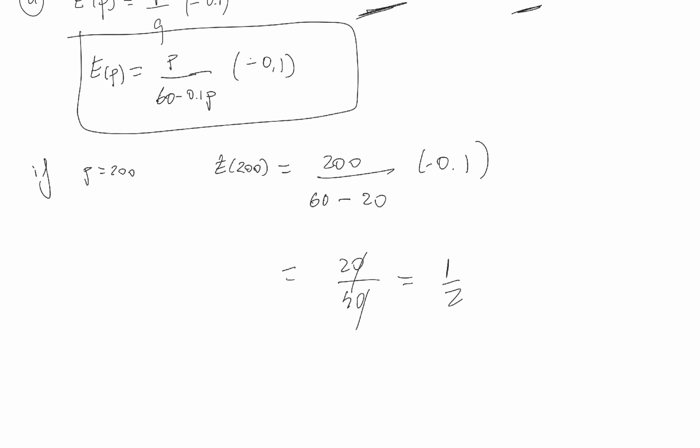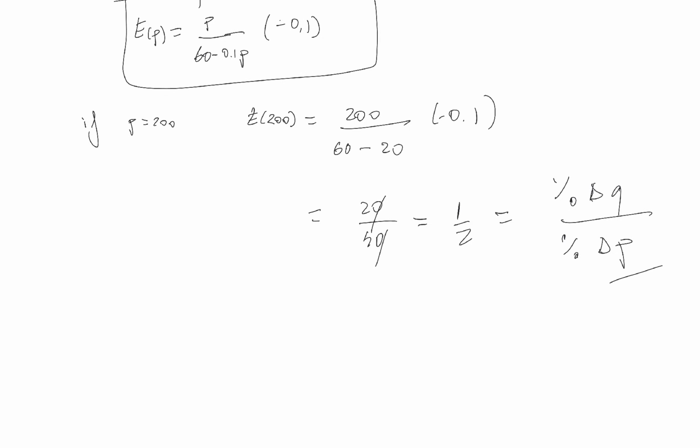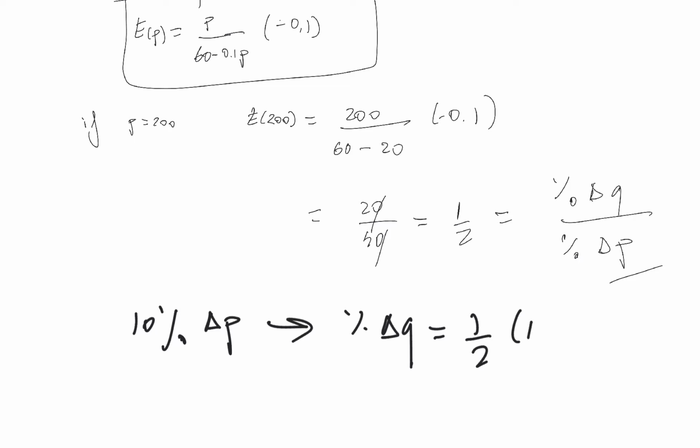What does this 1/2 mean? It means that the percentage change in the quantity divided by the percentage change in the price is 1/2. It means that if you make a 10% change in the price, you will expect the quantity change to be 1/2 of the percentage change.